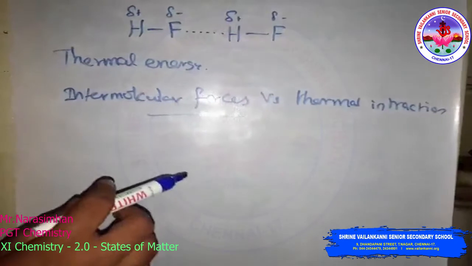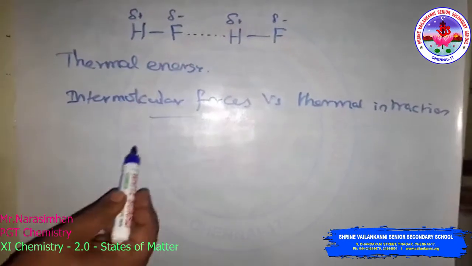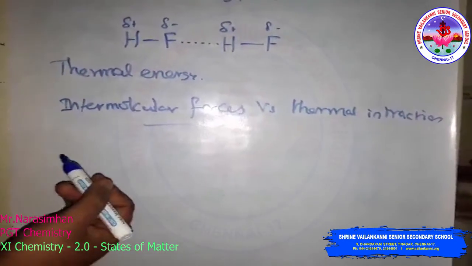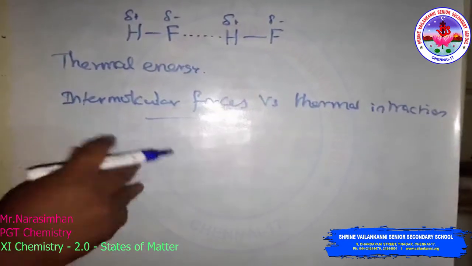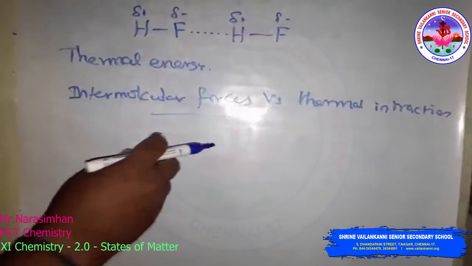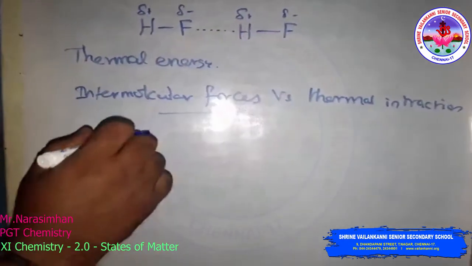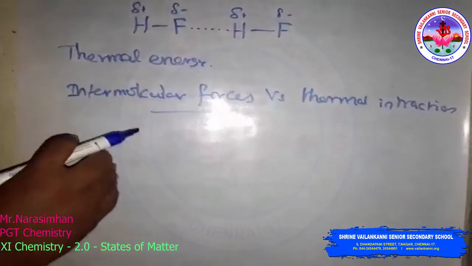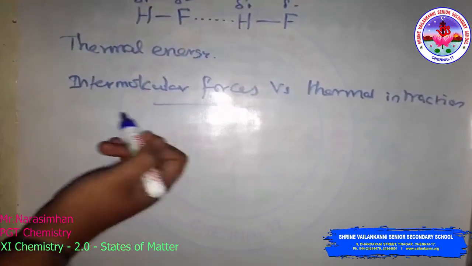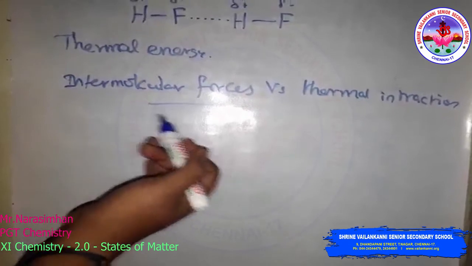Here you learned that intermolecular forces tend to keep the molecules together, but the thermal energy of the molecules tends to keep them apart. The three states of matter are the result of a balance between the intermolecular forces and the thermal energy of the molecules.